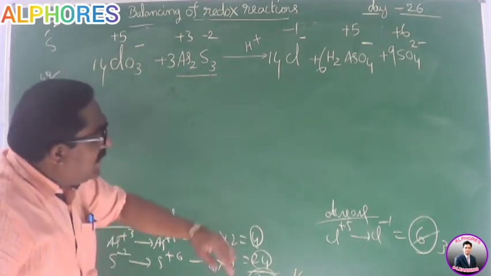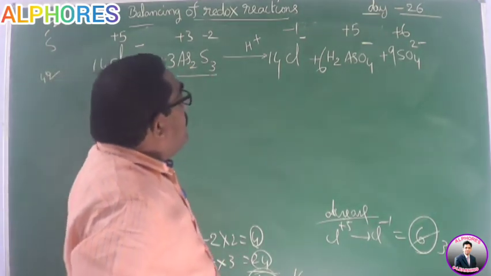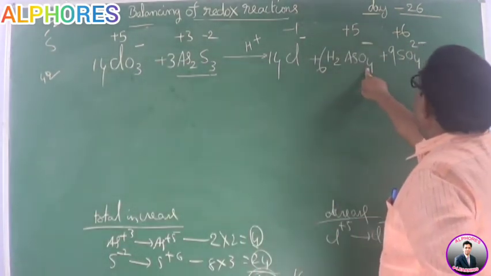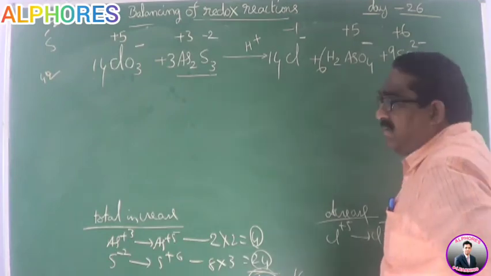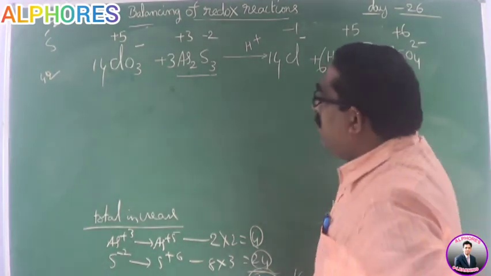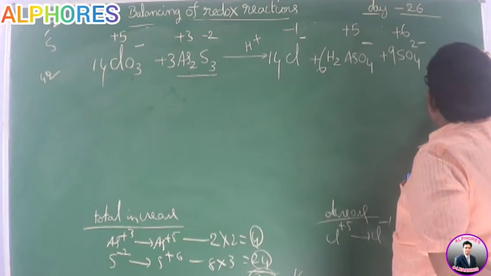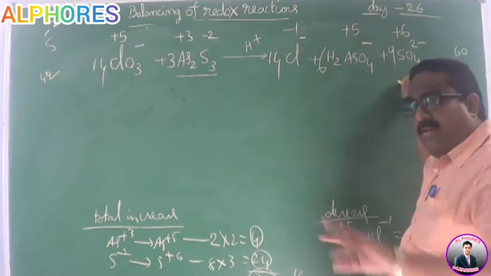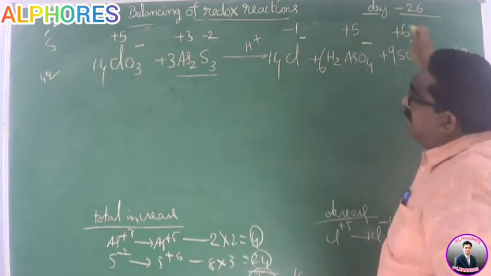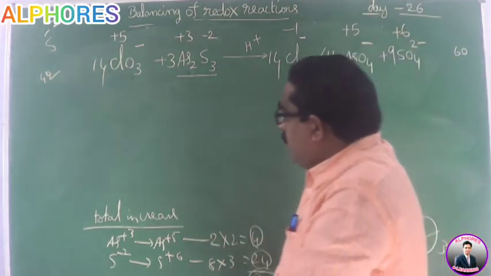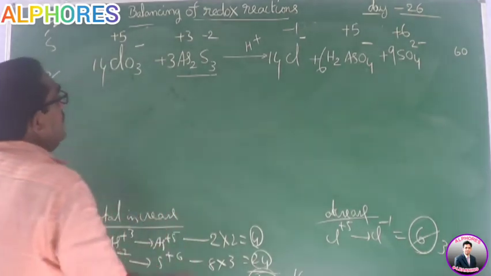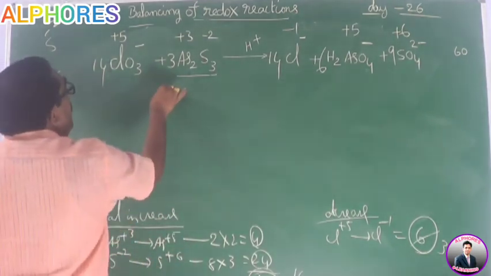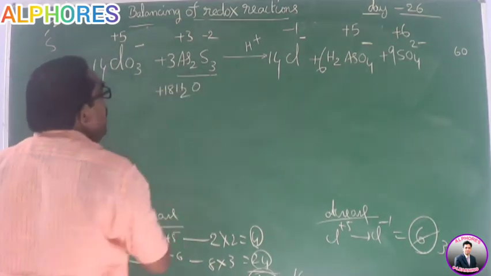Now count the right side oxygens. 6 4s are 24, 9 4s are 36. 36 plus 24 is 60. 60 on the right side, 42 on the left side. What is the difference? 18. So we have to balance this with 18 water molecules.